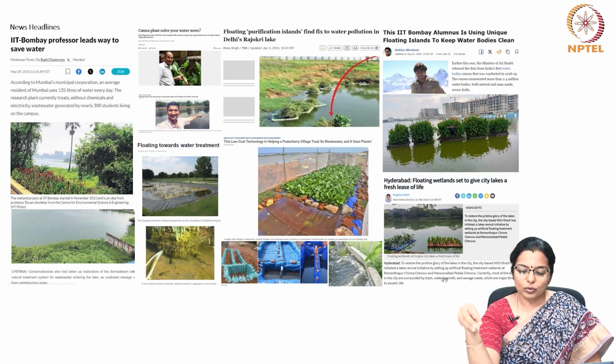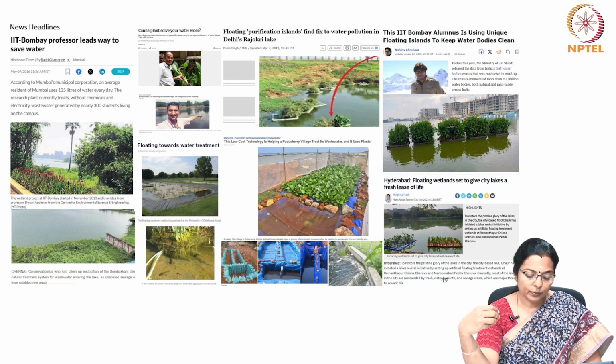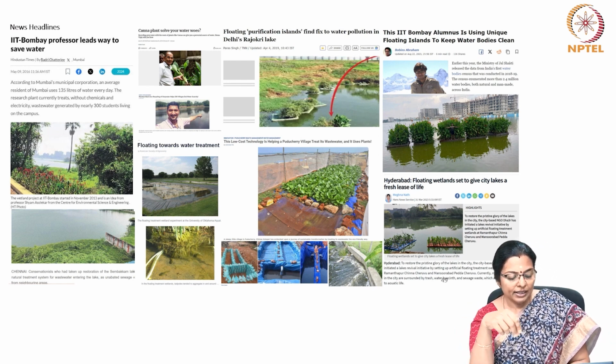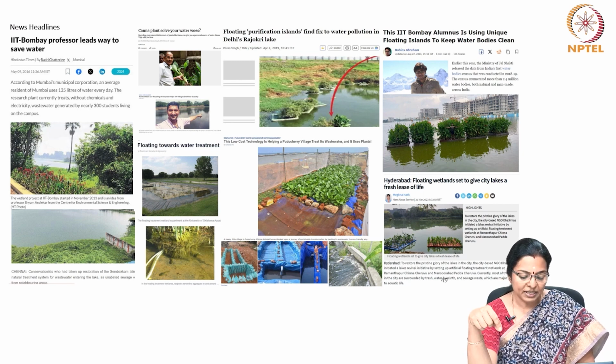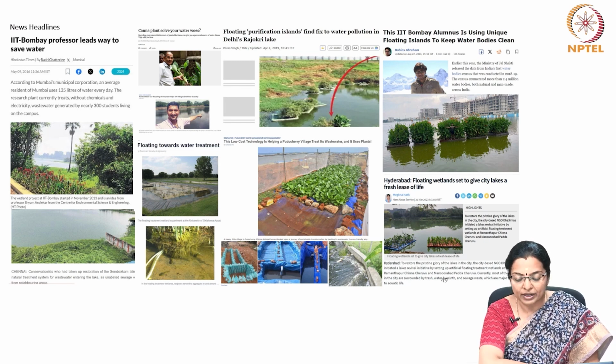Let us quickly look at a few cases where root zone treatment has been used. The wetland project at IIT Madras started in 2013. In Chennai, there is conservation of the Sembakam lake after restoring it, and therefore a natural treatment system has been used for wastewater entering the lake from the unabated sewage from neighboring areas.